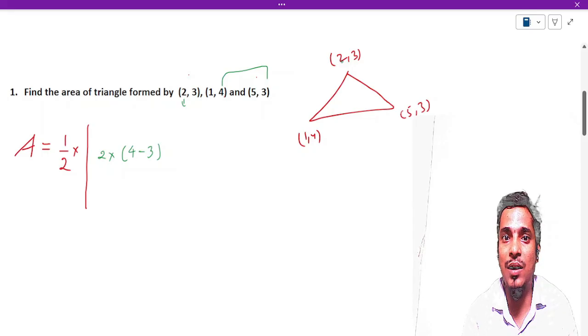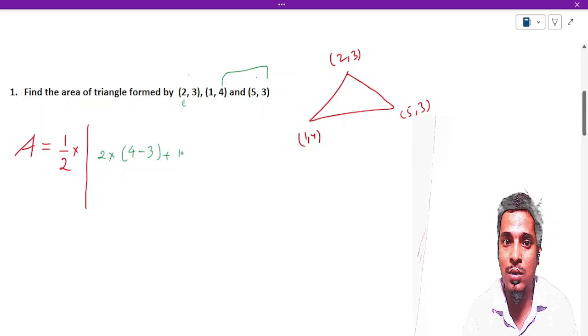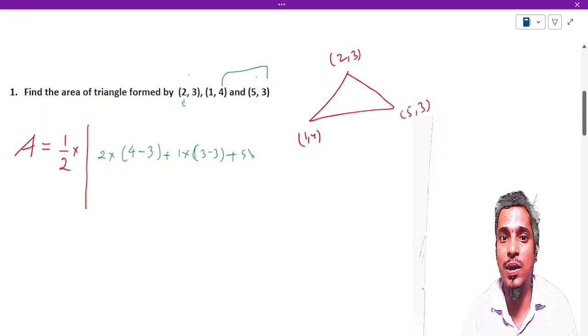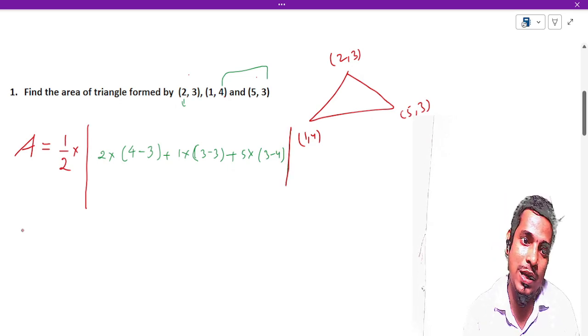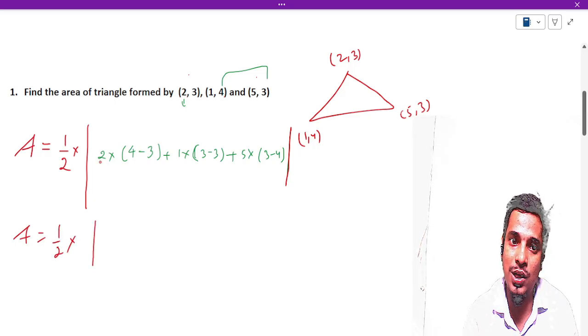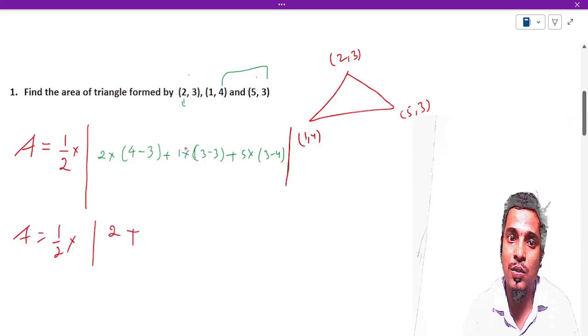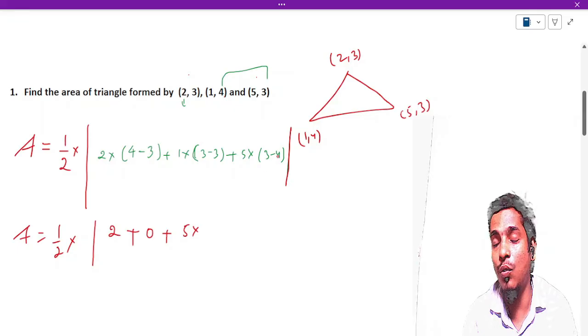Now what have I taken? I have taken 2, so here the difference of 4 and 3. Then the next one is 1 multiplied by 3 minus 3. Then plus 5 multiplied by 3 minus 4, and the absolute value of all this. So area is equal to half into, simplifying, 4 minus 3 is 1, 1 into 2 is 2, plus 1 into 3 minus 3 is 0, 0 into 1 is 0, plus 5 into 3 minus 4, which is minus 1.